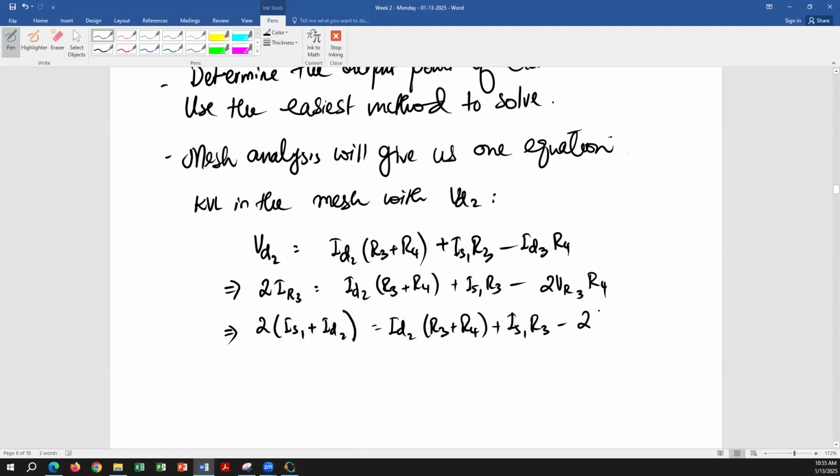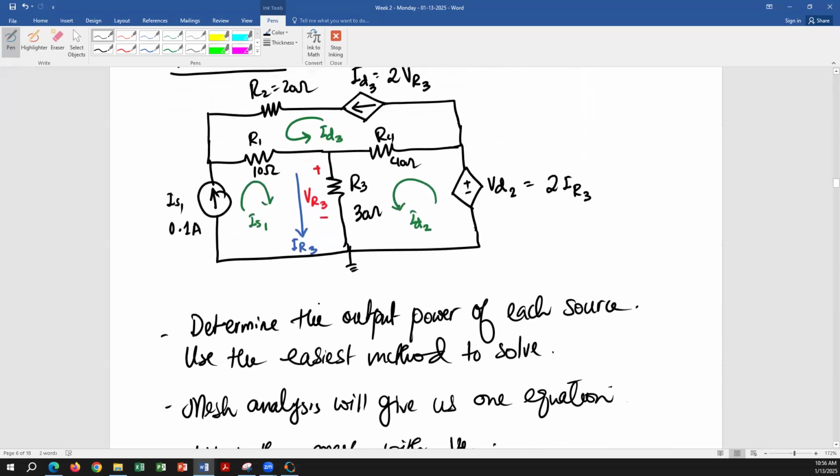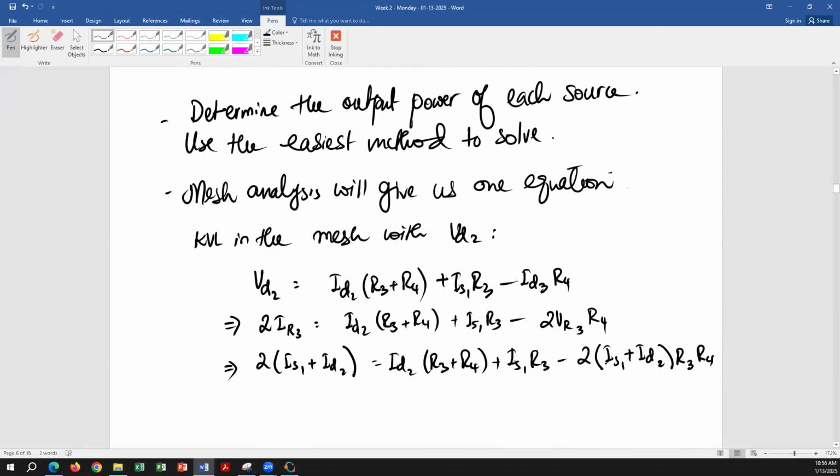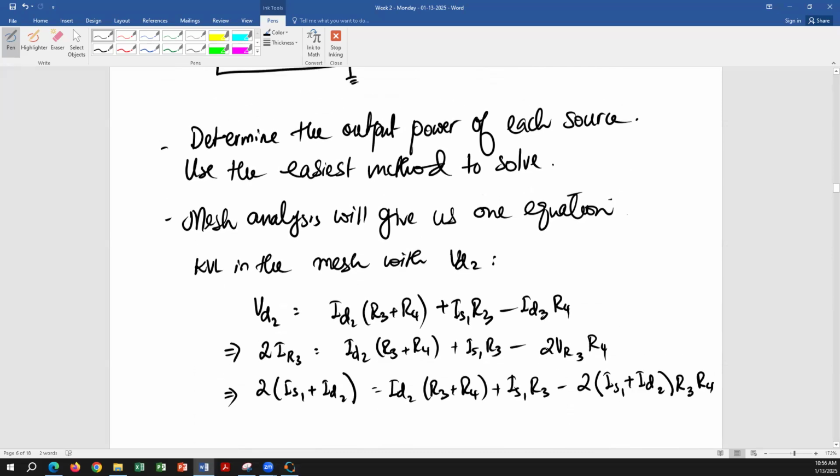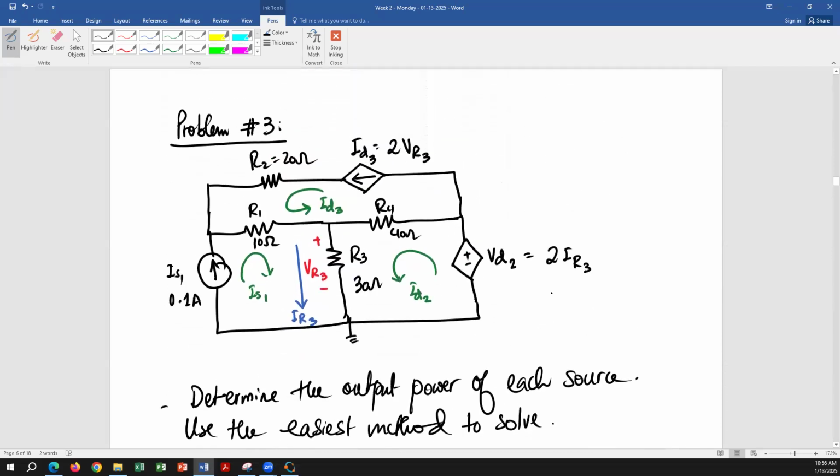So that's going to be 2 times IS1 plus ID2 times R3, and then R4 is coming from ID3 being 2 times VR3.